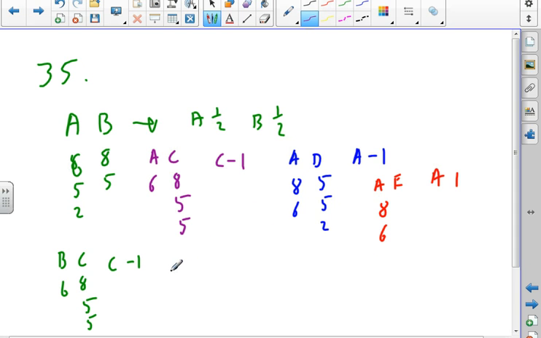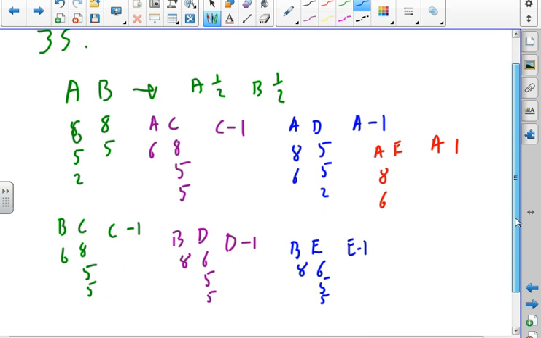I'm going to look at B versus D. B gets 8, D gets 6, D gets 5, D gets another 5. D wins. D gets 1. Then B versus E. B gets 8, E gets 6, E gets 5, E gets another 5. E gets 1 vote.